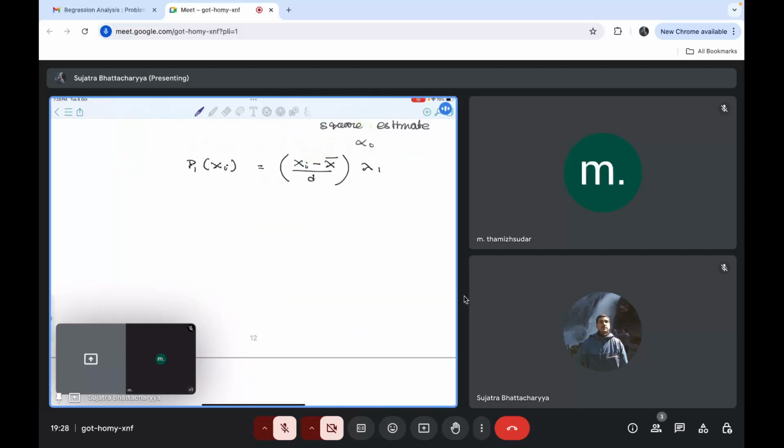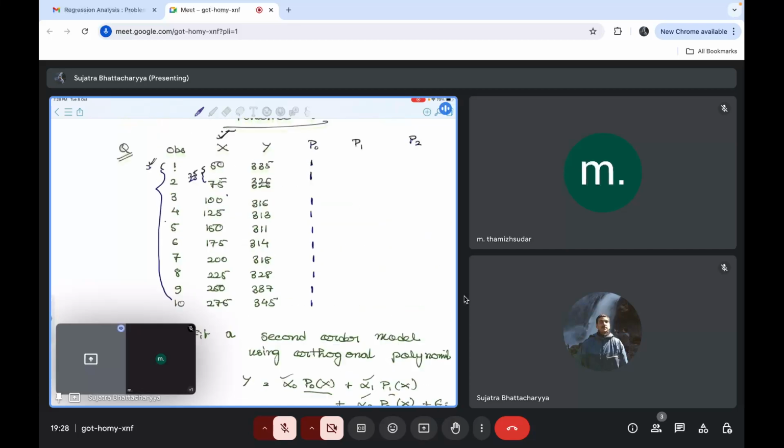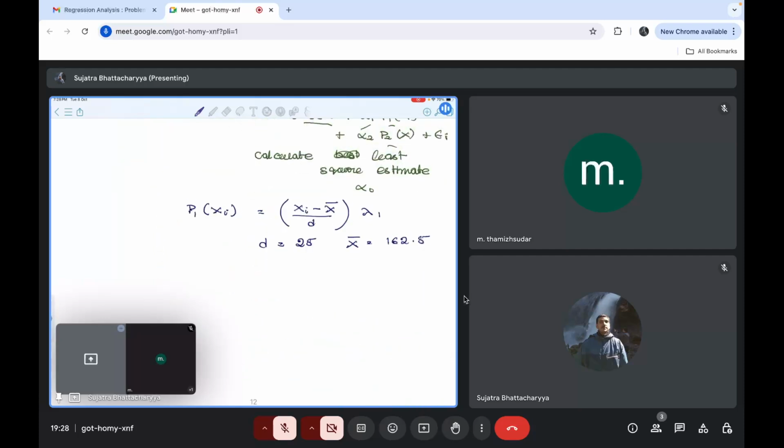So d is, let's say, 25. I'm using the x, whichever observation is given. X bar, that is summation of x by n, I have calculated already. This is 162.5. You can add all these values and divide by 10. Now let's first write one of the observations, P1 of x1.